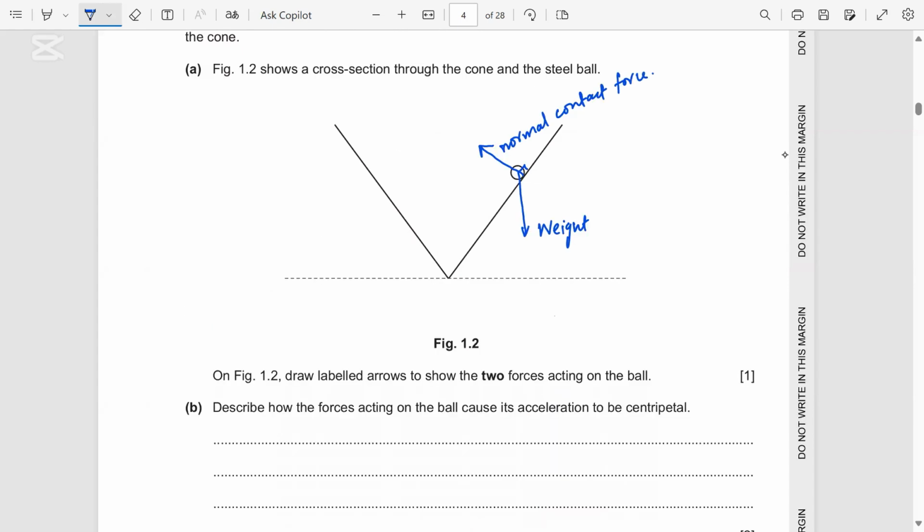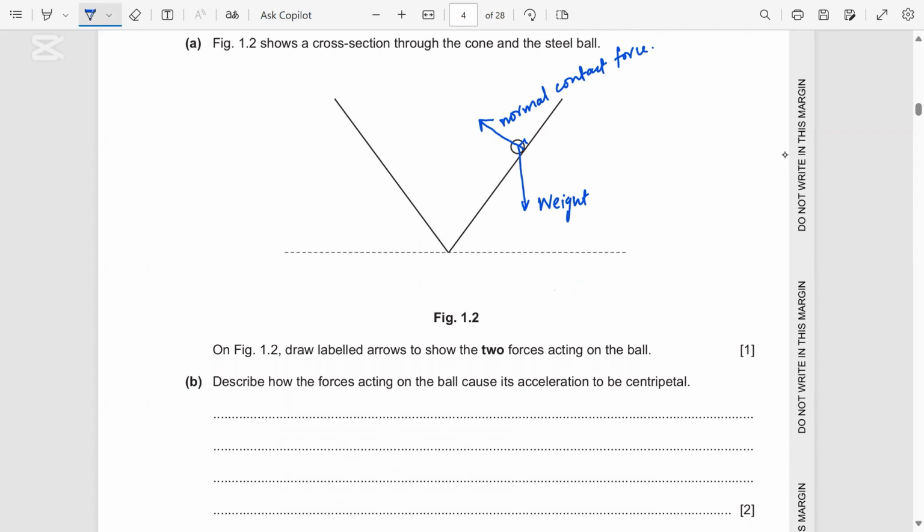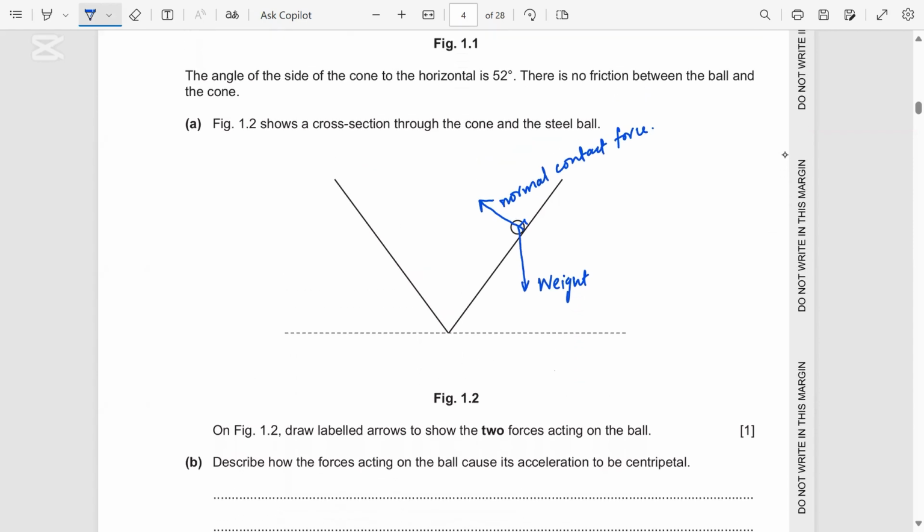Describe how the forces acting on the ball causes its acceleration to be centripetal. So you should know that the vertical component of the contact force basically supports the weight, and the horizontal component of the contact force provides the centripetal force, right, which causes centripetal acceleration towards the center.